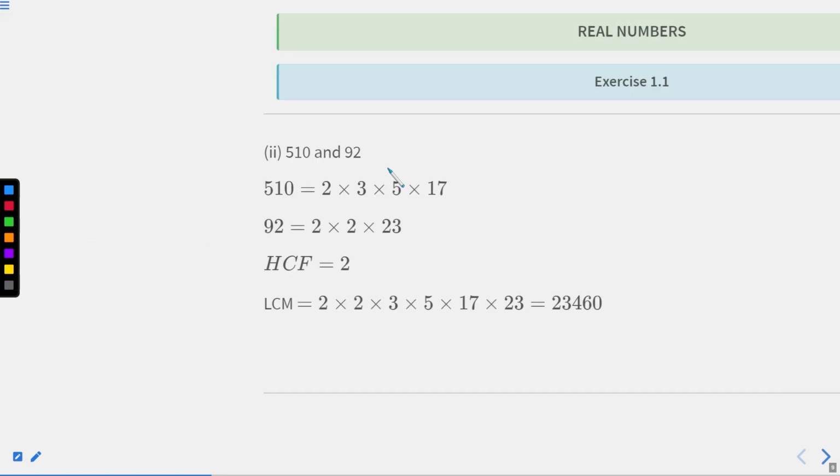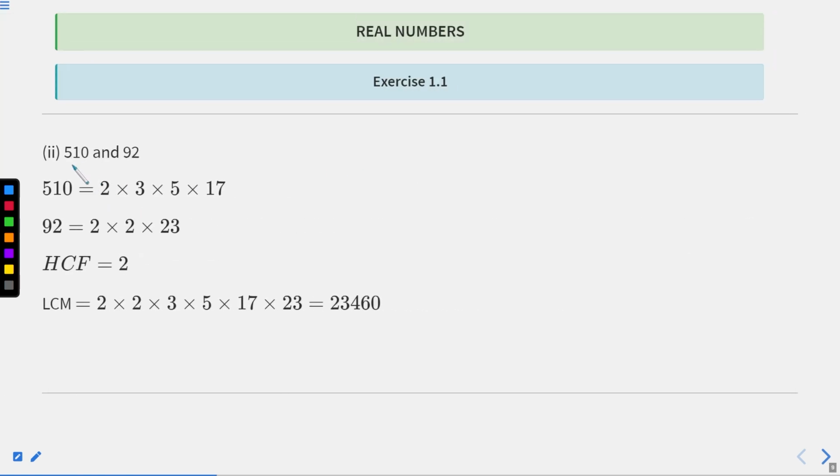Okay, so for next we have these two positive integers 510 and 92. First of all we have to find HCF of 510 and 92 and the LCM of 510 and 92. So our first task is to factorize 510 and 92.